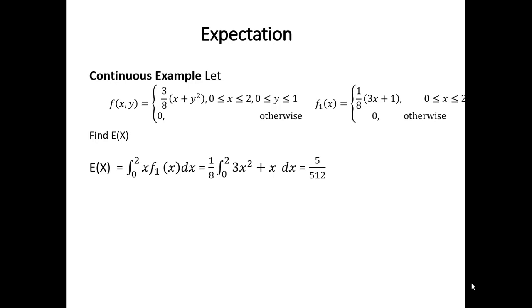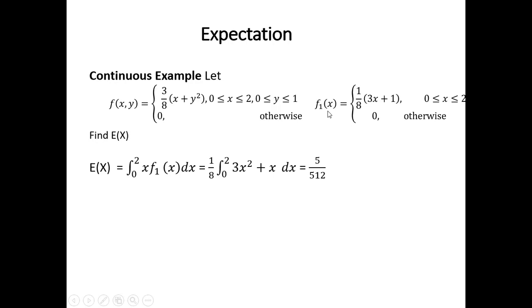Now, let's take a look at an example with the continuous case. Again, let's go back to this joint probability distribution we've been using throughout. Let's say I have f of xy is 3/8 times x plus y squared.